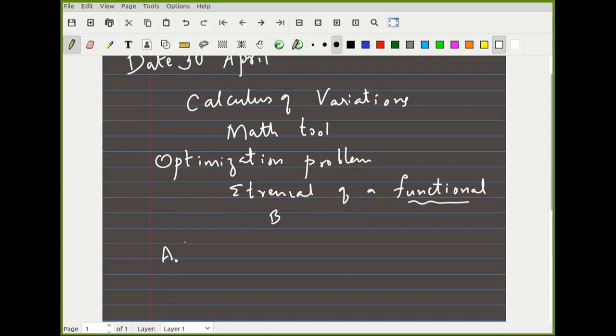So you look at all kinds of paths and you want to find the path that minimizes a certain aspect, like let's say the length. So each path is a function. So loosely speaking, a functional is a function of functions.